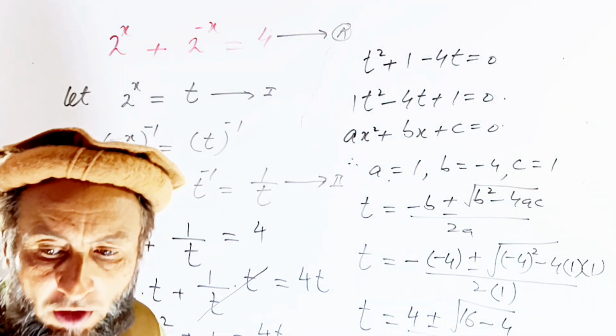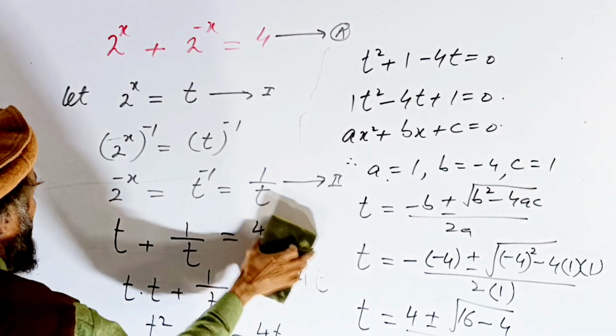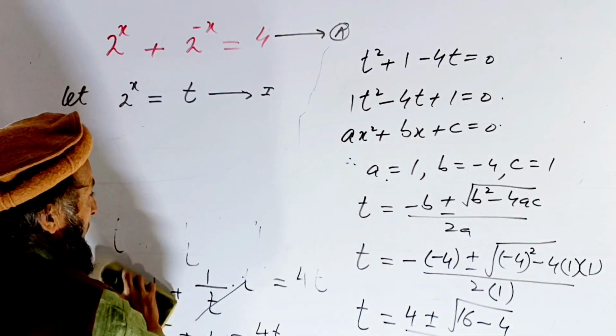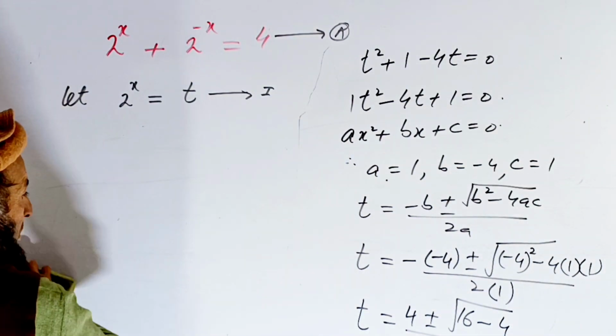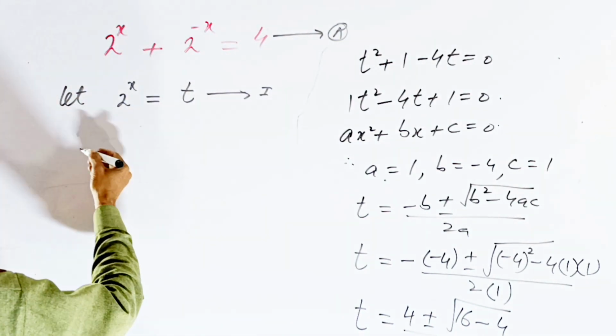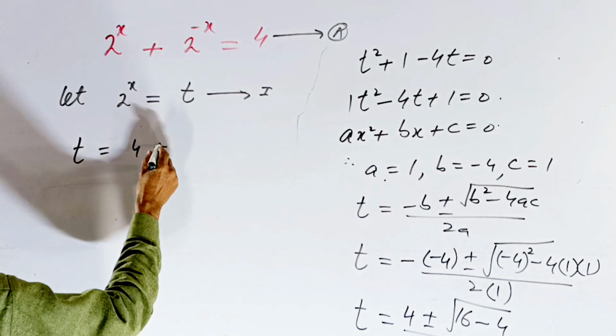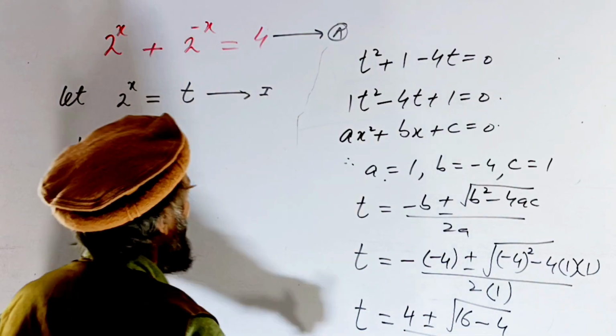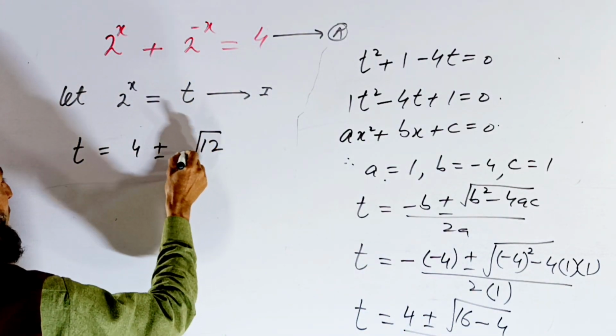Now we simplify this result: 16 minus 4 gives 12 under the square root, divided by 2.